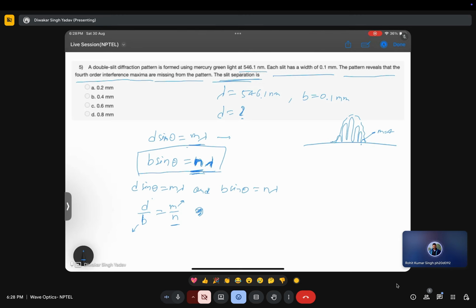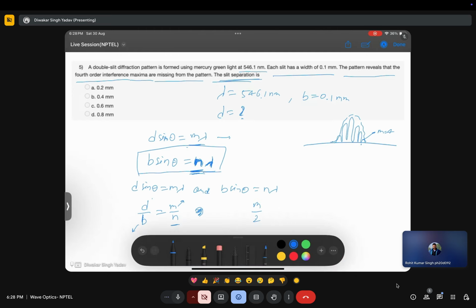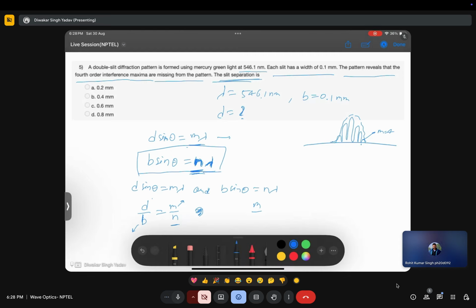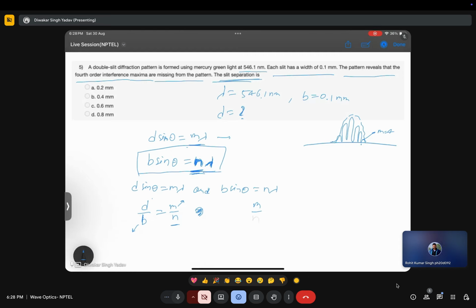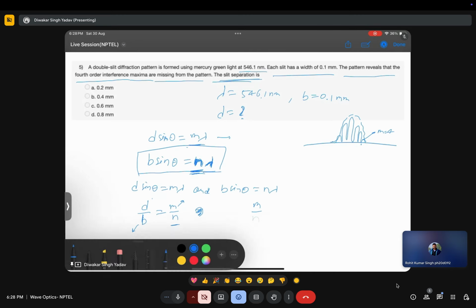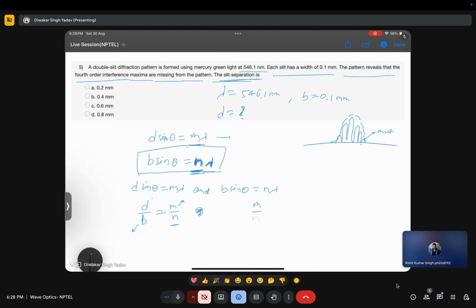So we know that this m by n should be a simple rational number, right?